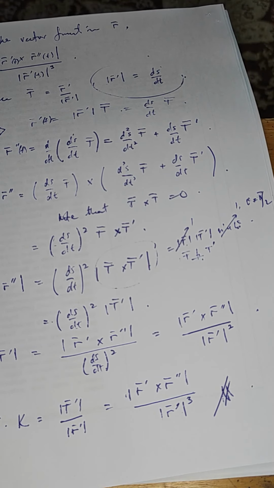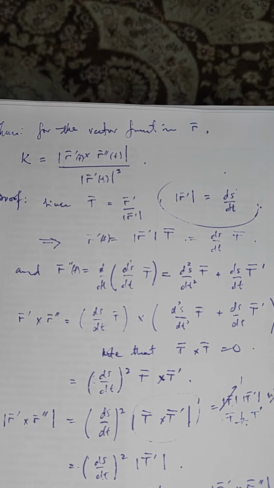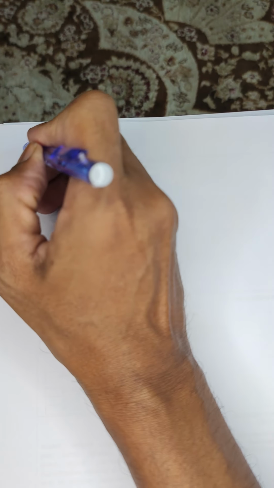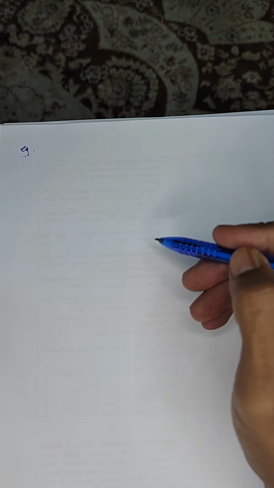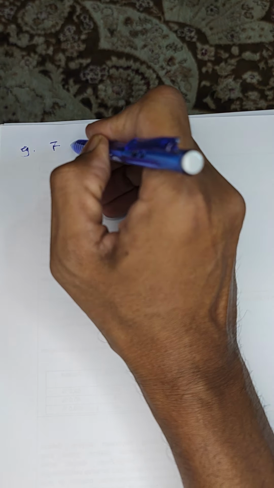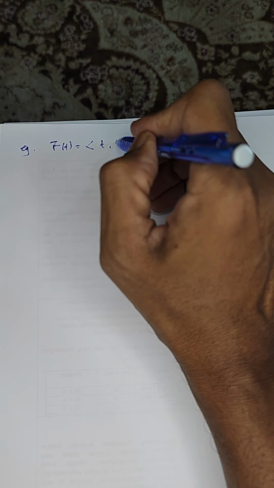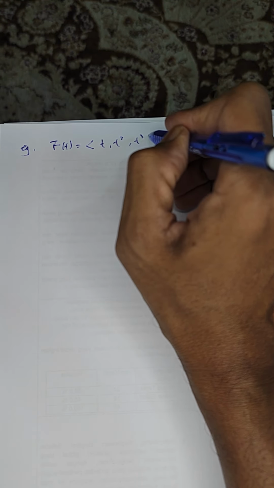Okay, so let me give you an example. So let's say r is given as, we have t, t squared and t cubed.